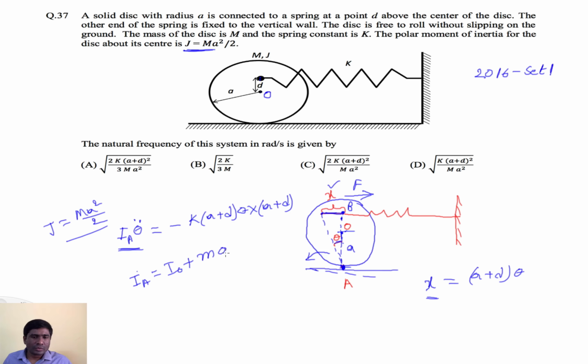So that is A square, and already I naught or J equal to ma square by 2, and here ma square. That means it's 3 by 2 ma square, IA.